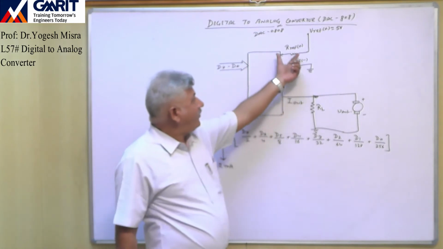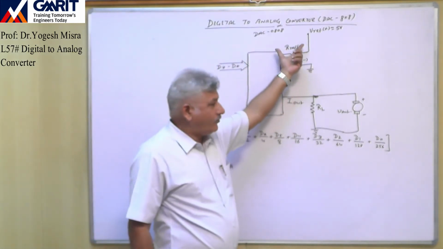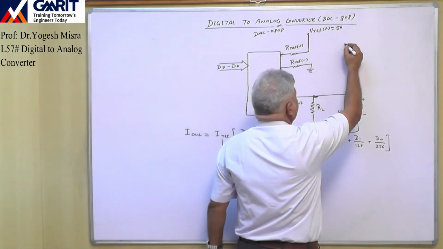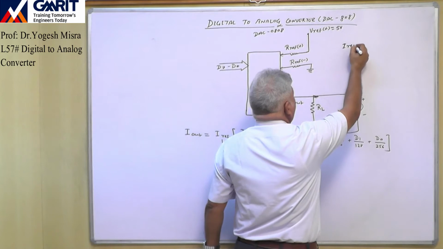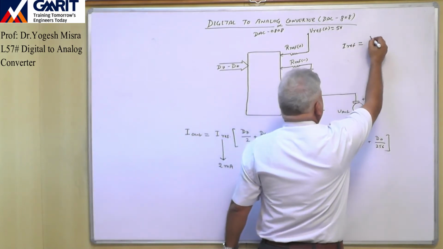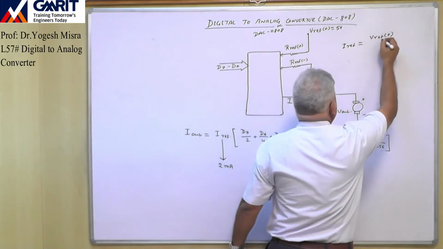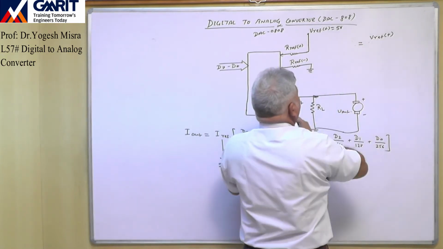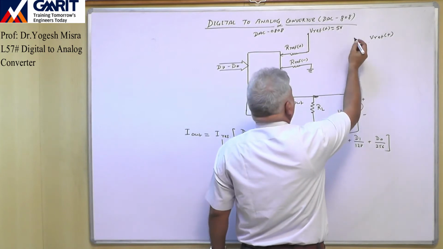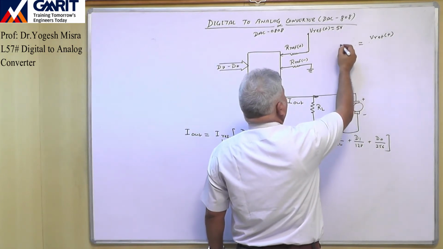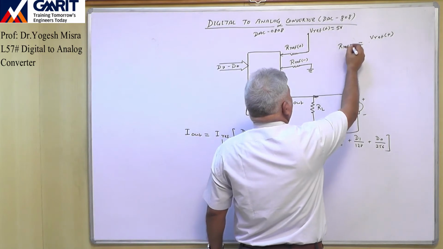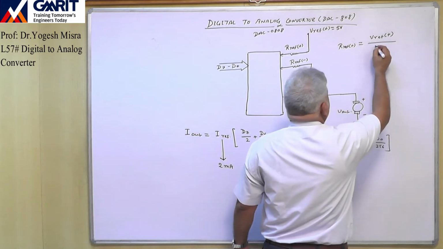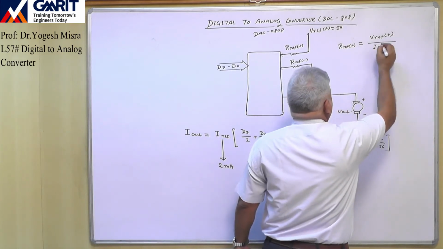Then we have to select the value of this resistor. So now we can find out the value of this resistor. We know that this I reference will be V reference plus divided by R reference plus, so we have to calculate R reference plus as V reference plus by I reference.